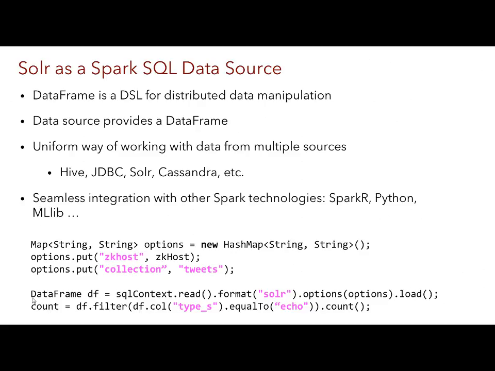The options are obviously data source specific. In this case, Solr, Zookeeper, host, and collection. If you're a Solr person, those should look very familiar. If not, Solr uses Zookeeper to manage cluster state and cluster metadata. Then collection, in this example, I'm calling it tweets, and we'll work with the Twitter example throughout the slides.